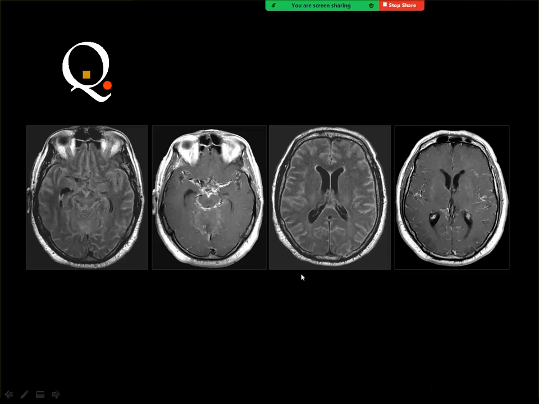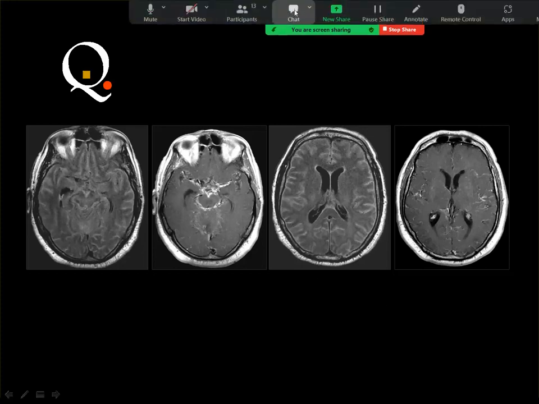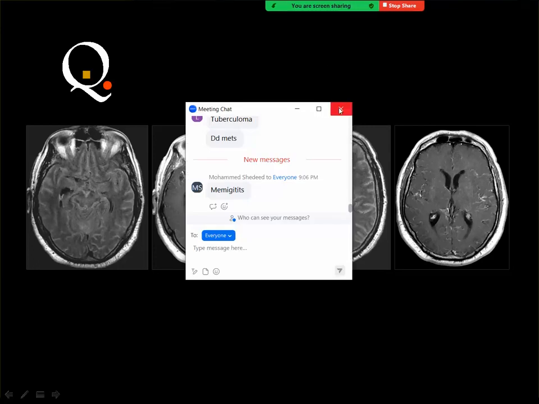And then the next case is a series of brain study, including the FLAIR images and the T1 post contrast. This is FLAIR and T1, and this is FLAIR and T1 with contrast. Yes, and the answer is right.